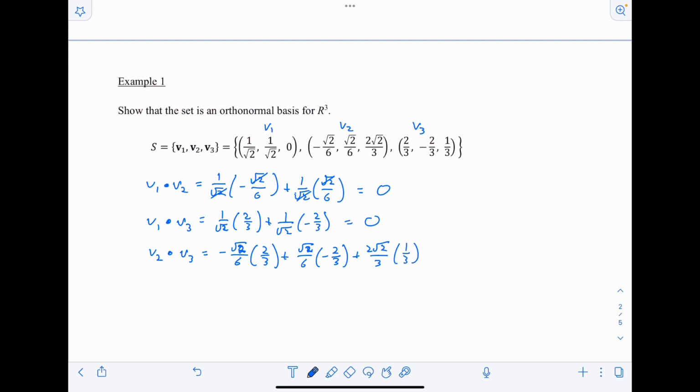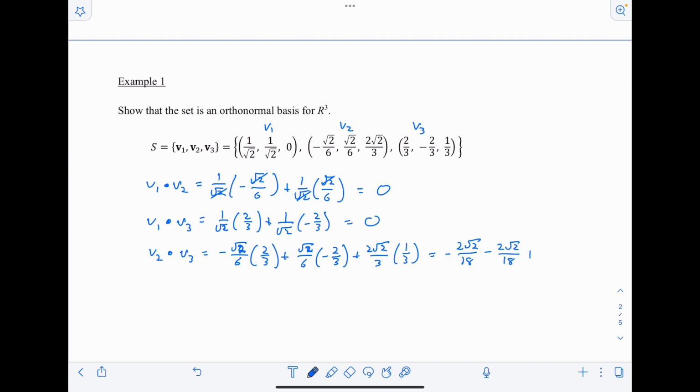Okay, so we've got negative 2 root 2 over 18, and then minus another 2 root 2 over 18.